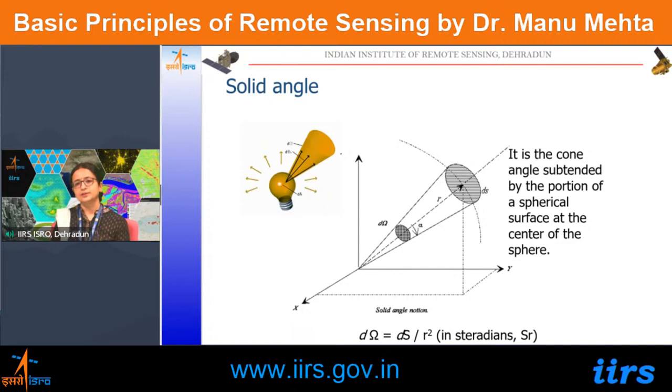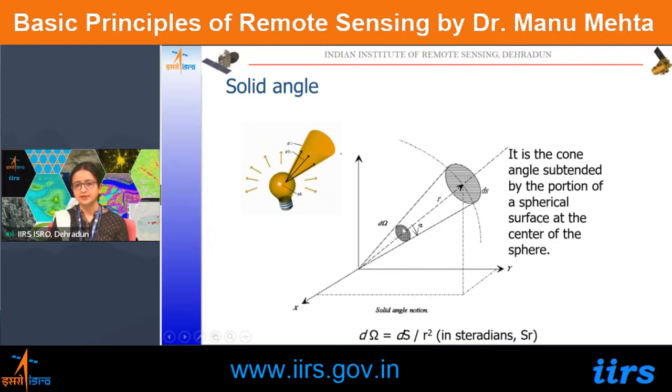By definition, the solid angle is the cone angle subtended by the portion of spherical surface at the center of the sphere. So here in this case, ds is the area which is subtended on the sphere, and d omega is the solid angle.